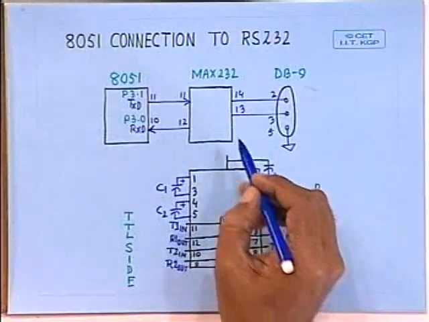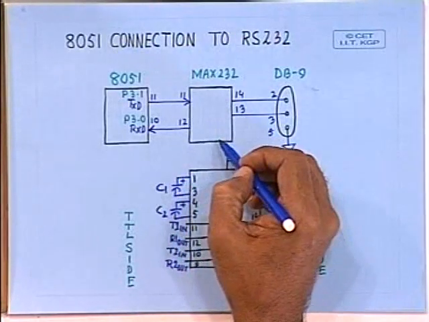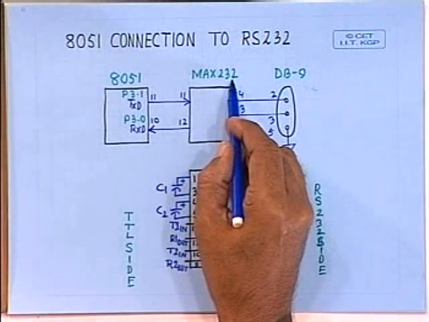And as you know, the 8051 outputs are TTL compatible. Unfortunately, the RS-232C outputs are not TTL compatible, and as a result you have to use some level converters to do the conversion from TTL to RS-232C level and RS-232C level to TTL level, and this is being done with the help of a special chip known as MAX232.